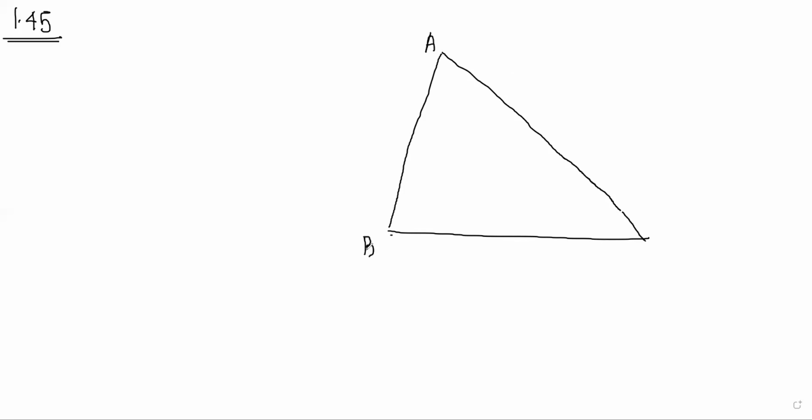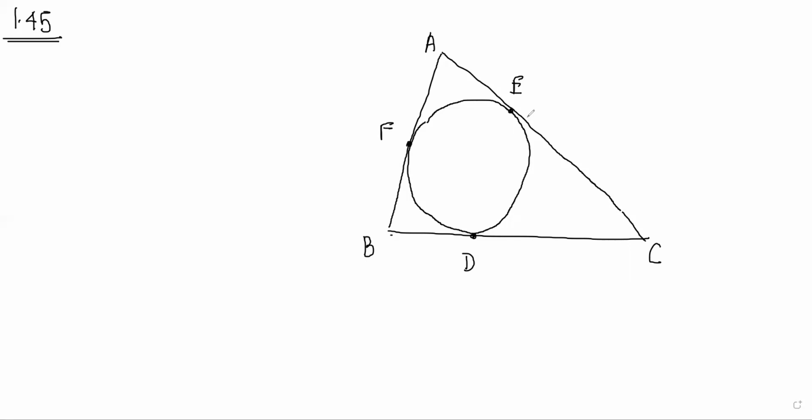A, B, C. The incircle of ABC is tangent to the sides at 3 points D, E, F. Okay, I'll draw an incircle. This is called F. This is called D. This is called E.